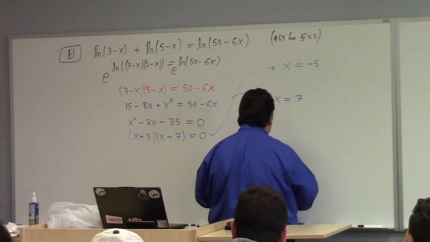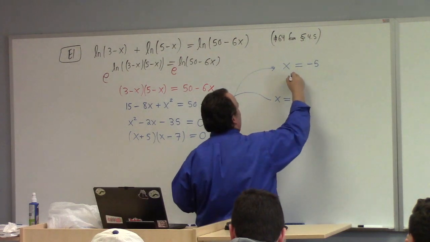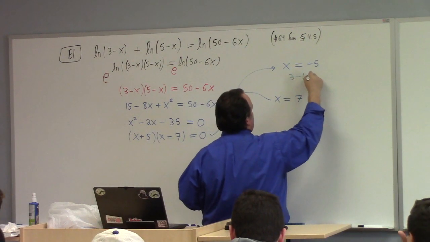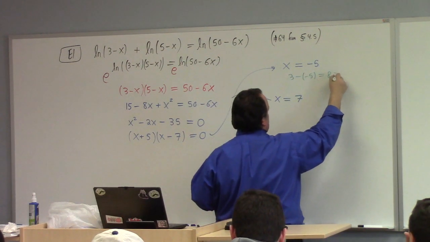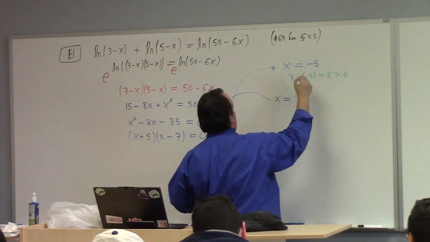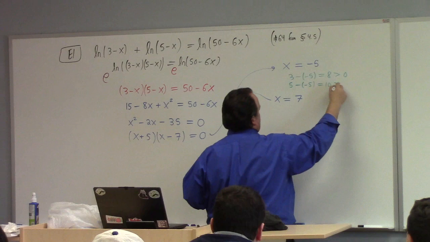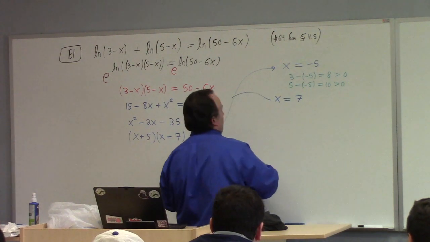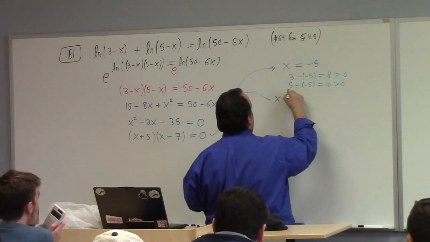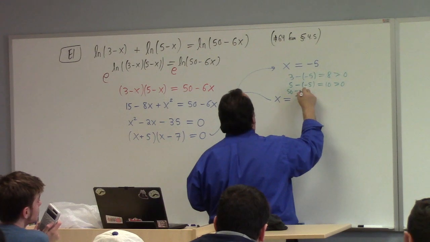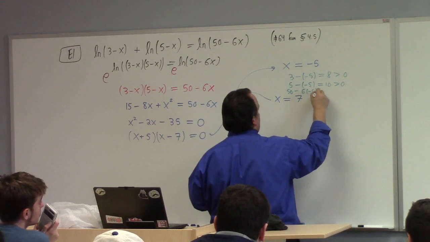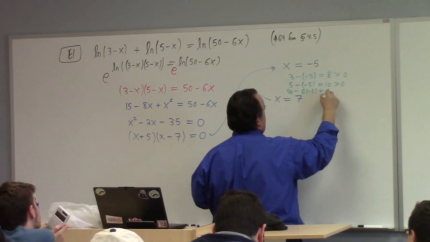So notice that 3 minus negative 5 is equal to 8, which is positive, right? And 5 minus negative 5 is 10, which is positive. So that's good. And 50 minus 6 times negative 5 is 80, right?